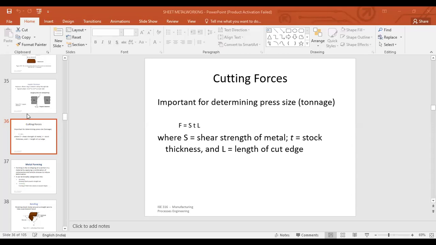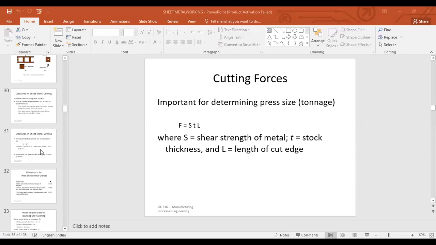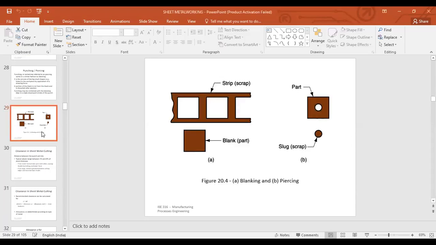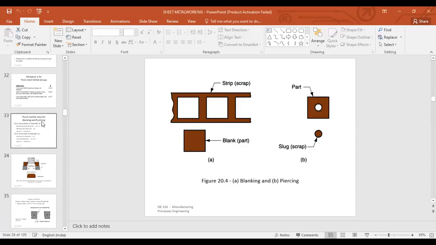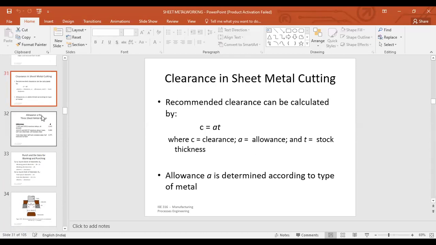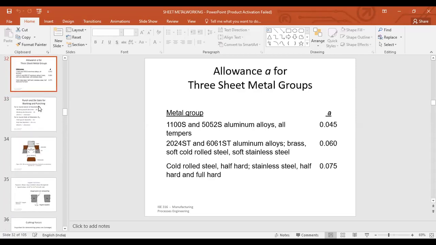So we had seen in the last class about blanking and piercing. We had seen how that clearance is important and how that clearance is kept, and the different allowances that we keep.